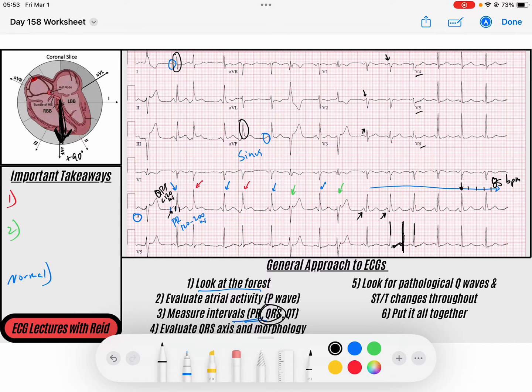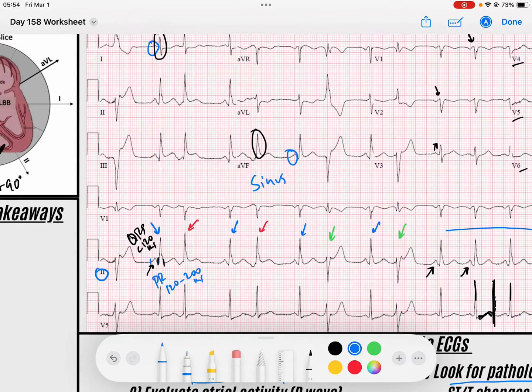So now it's our job to figure out the rest of this stuff, right? Let's figure out maybe why this ECG is acting up. And first thing I'm going to do is evaluate for my pathological Q waves, my ST and T wave changes. Something that I notice is that in my inferior leads, especially lead 3, here's baseline, and here's my ST segment.